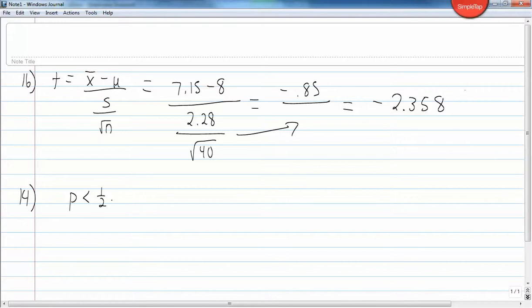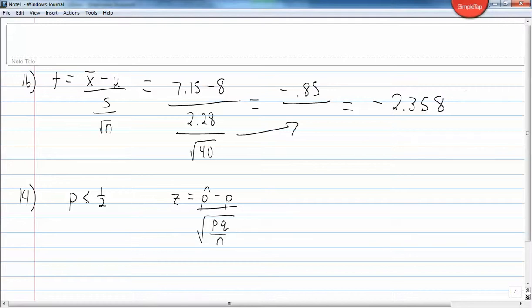That was the original claim. So we need a test statistic for a proportion. So if you go back and look at your chart for a proportion, we use z equals p hat minus p over the square root of pq over n.